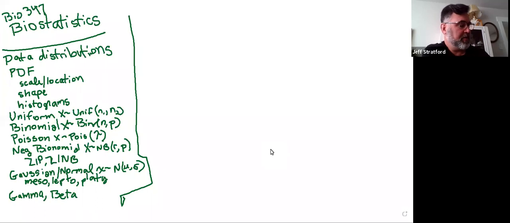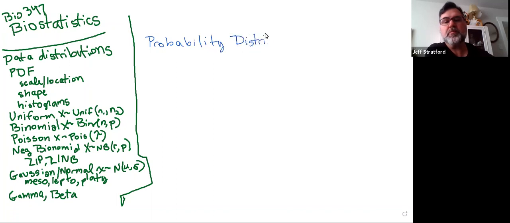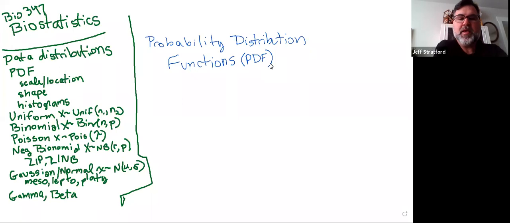When we talk about distributions, they can be described by probability distribution functions. So a PDF, but not the PDF that is used to save documents.